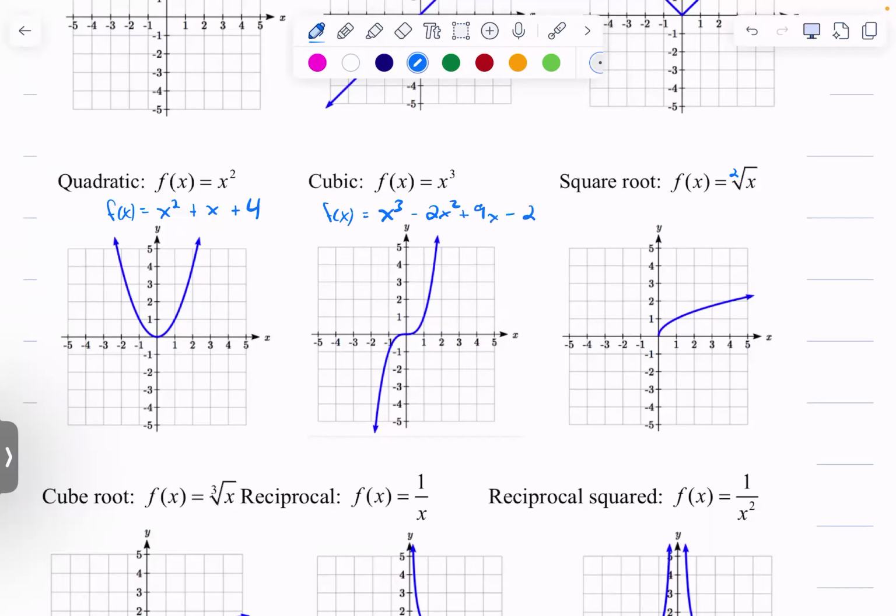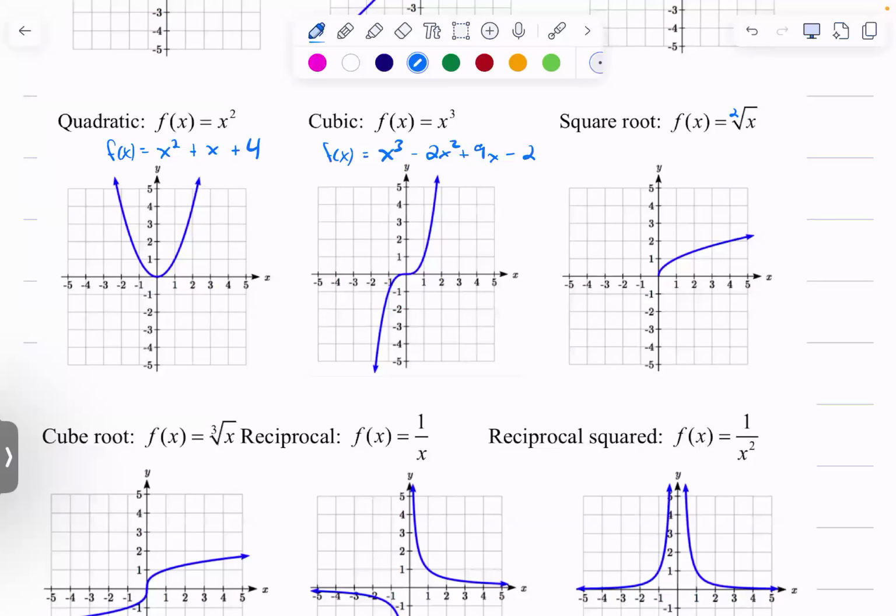It'll still have this shape. That's not very telling, is it? But it's kind of going in opposite directions.